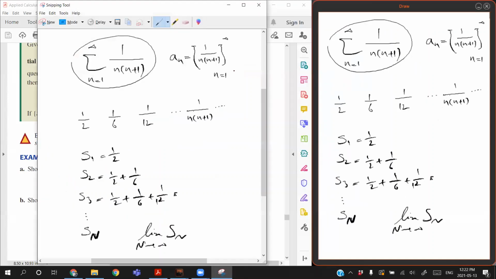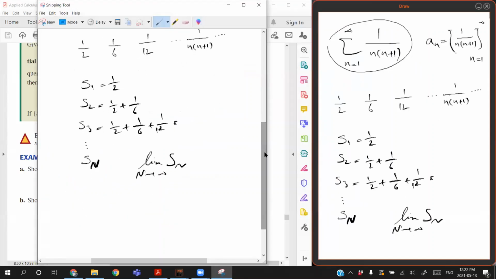Okay, so far you see that if I am able to find a formula for S_N, then I will be able to take the limit of S_N as N approaches infinity. And that's the goal here. I'm trying to find a formula for the general term of the sequence of partial sums. Because if I have a formula for that, I'm done. I just take the limit of S_N as N approaches infinity. If this limit exists, then the sequence of partial sums is convergent, and thus the series is convergent.